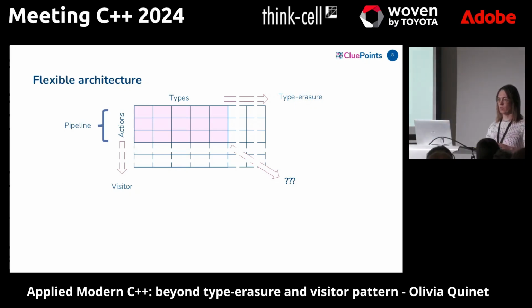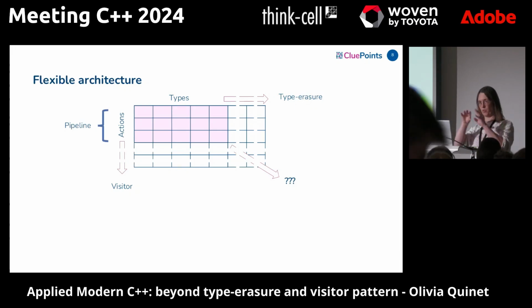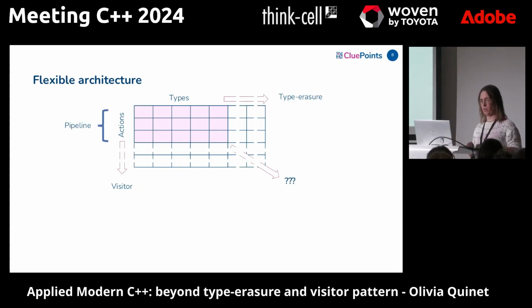So in short, what we would like to do, for a pipeline, is to have at the beginning the pink rectangle with a fixed set of types and a fixed set of actions or process operations. And if you want to increase the number of types, we go for type erasure because it's easy to add additional types.